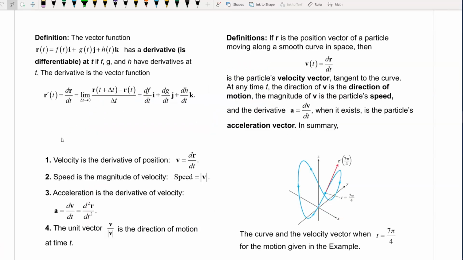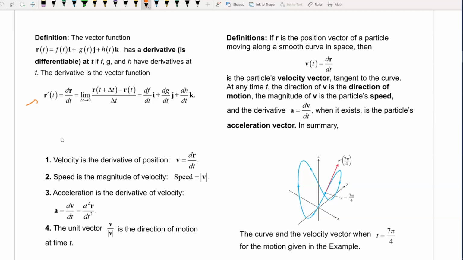In this part we have the derivative definition. The vector function r of t equals f of t i plus g of t j plus h of t k has a derivative, meaning it is differentiable at t, if f, g, and h have derivatives at t. So here r prime of t is the derivative of this function with respect to t.